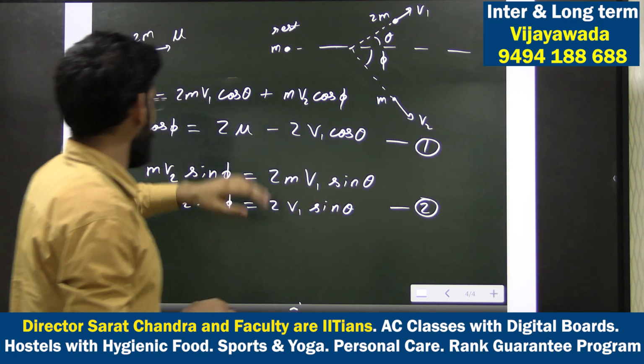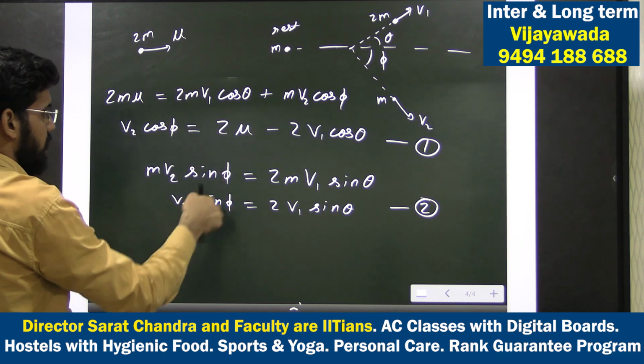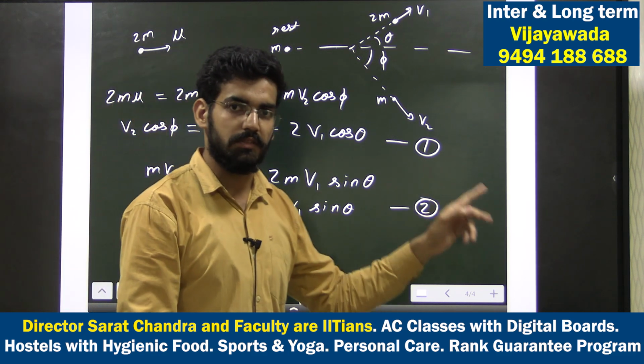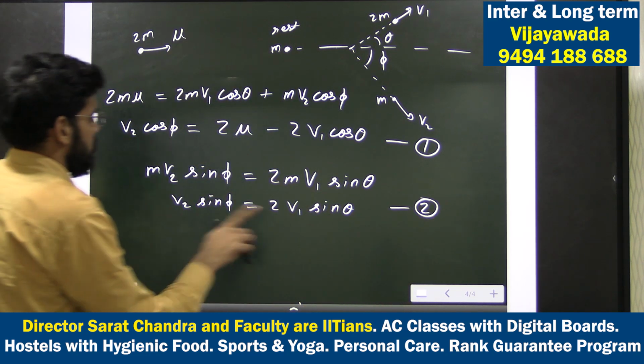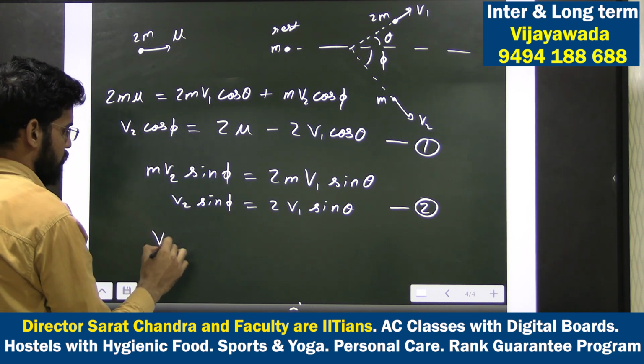Now from the first and second equations, directly square and add, and phi will be eliminated from here itself. So if I square and add both equations, v2 squared is on this side.